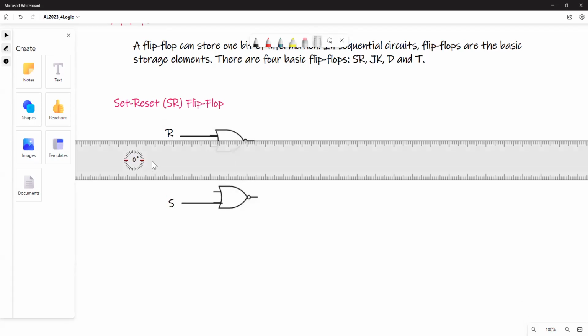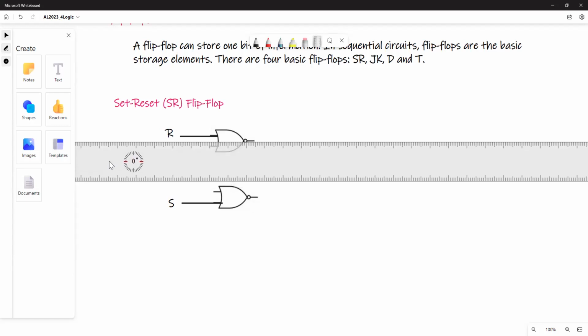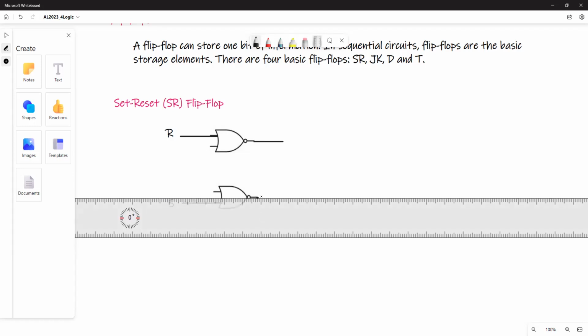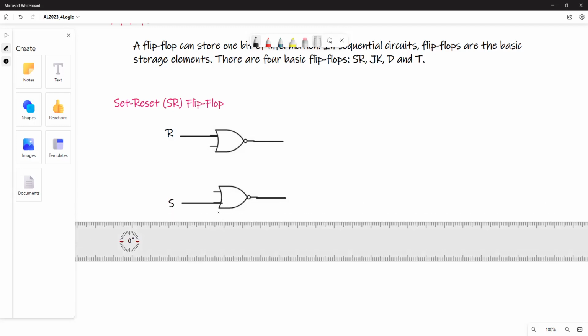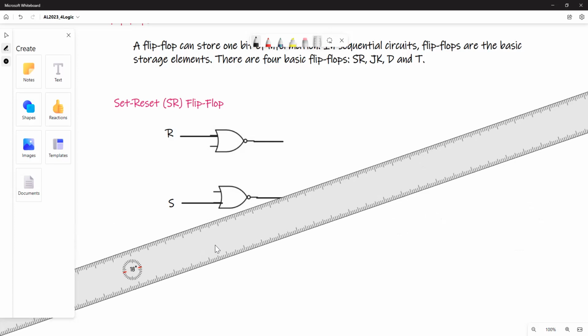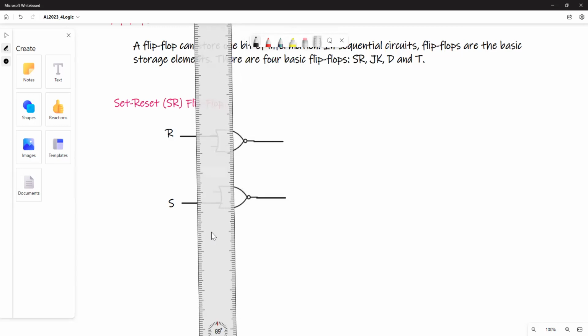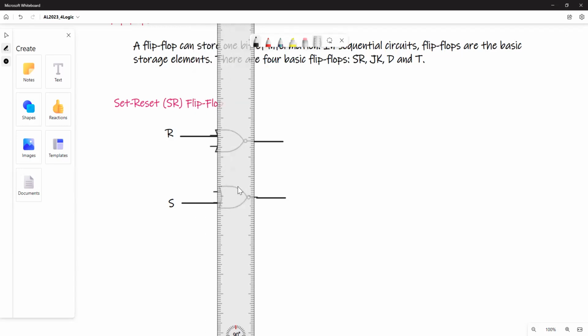But before that, let me extend this. These circuits are defined in a way that we have two outputs here, and we'll connect the inputs to here. So we are going to connect these outputs to the inputs. So we'll take these outputs. I'm going to take this output.